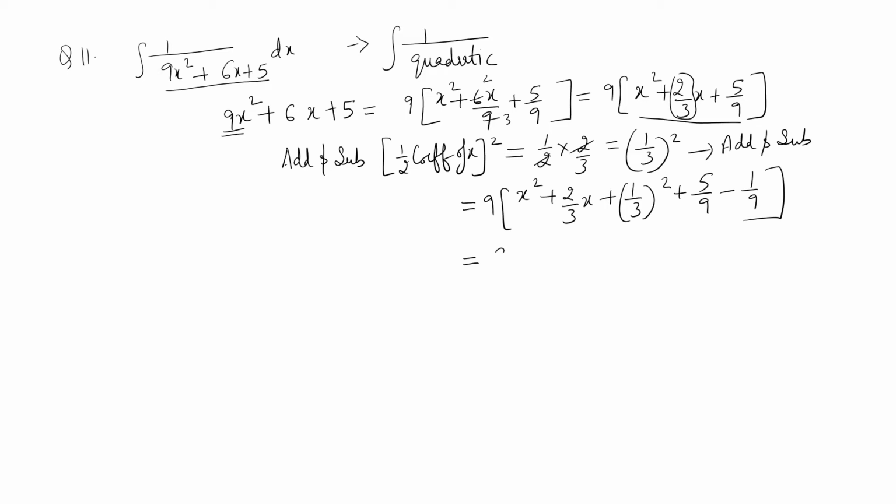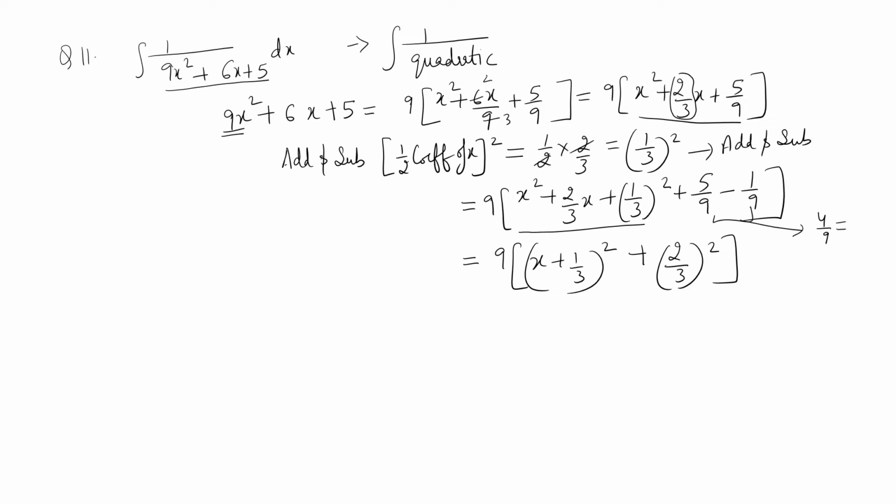Now if you observe it clearly, it is x plus 1 by 3 whole square, and it is 4 by 9, that is 2 by 3 whole square. After taking LCM, it is 4 by 9, which is 2 by 3 whole square. So let us come back to our integral.